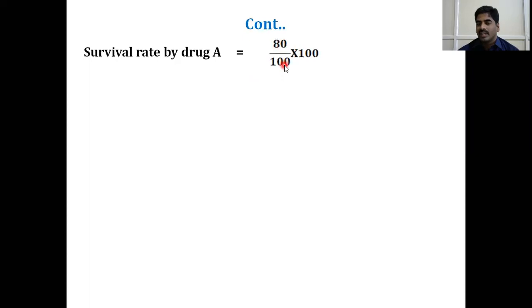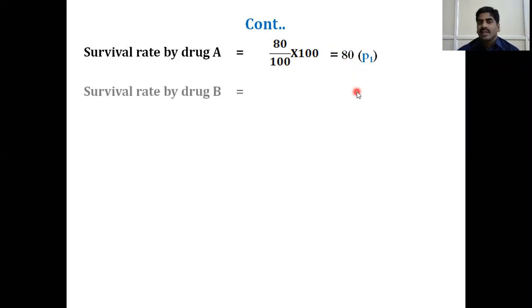Next, what is the next step? First, you have to calculate the survival rates. By drug A, total survived 80 out of 100 times 100, we get the percentage P1 that is equal to 80%.